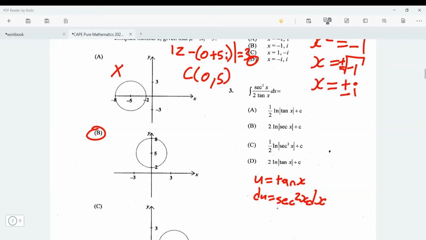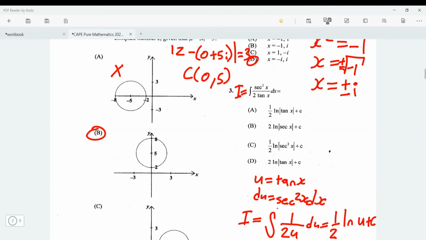Then what this integral, let's call it I, would become is the integral of 1 over u du, and the integral of 1 over u is ln u plus some constant c.